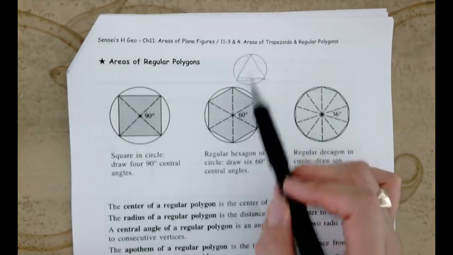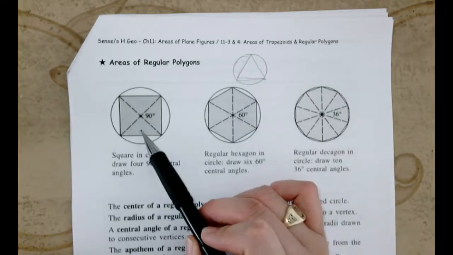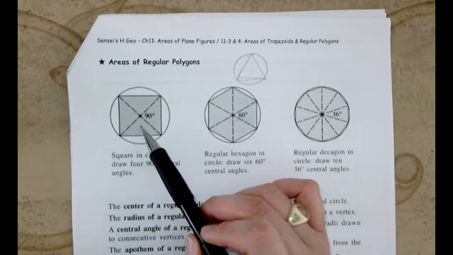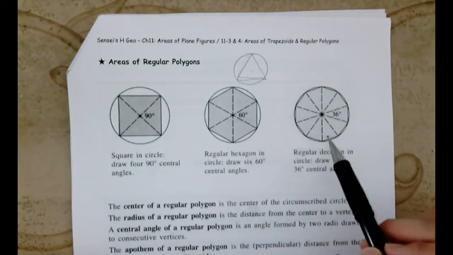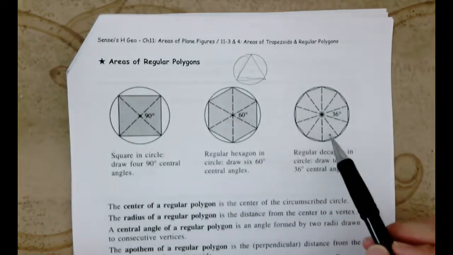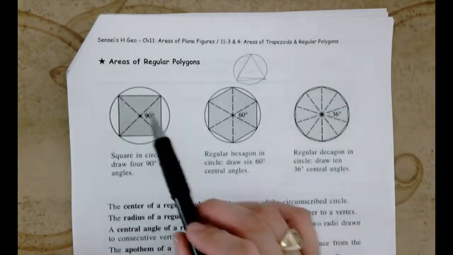Like I always say, these 2 are 30, 60, 90 triangles, and this is 1, 1, 2 triangle, the 45, 45, 90 triangle, right? Any other polygon that is different shape, so it's not 3, 4, or 6, you have to use a trig, because the angle that you're going to get is not going to be one of the angles that we like.